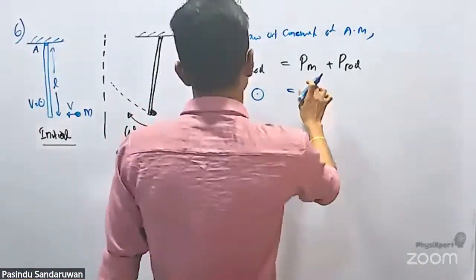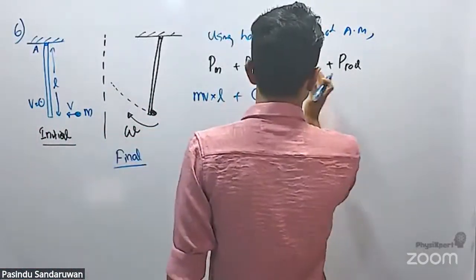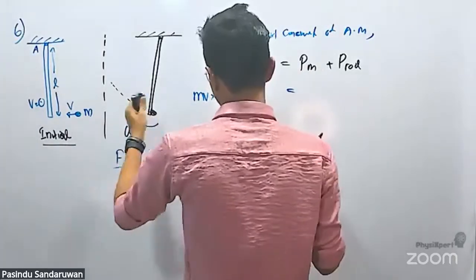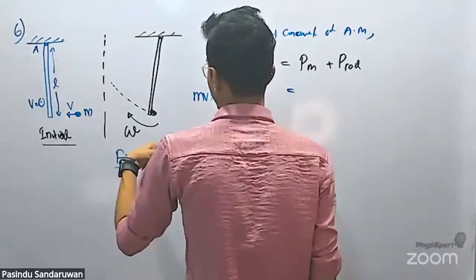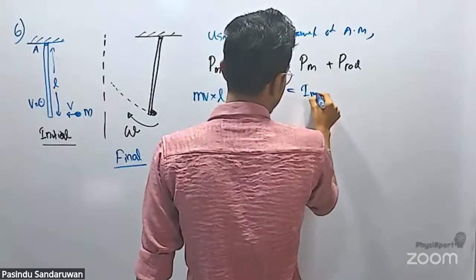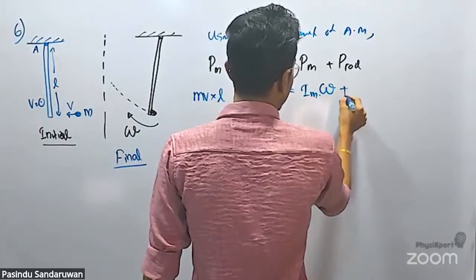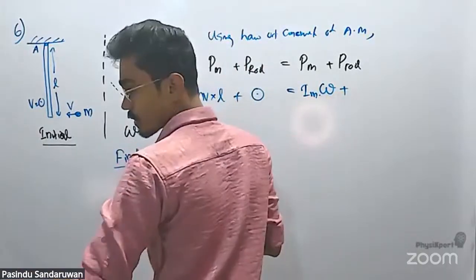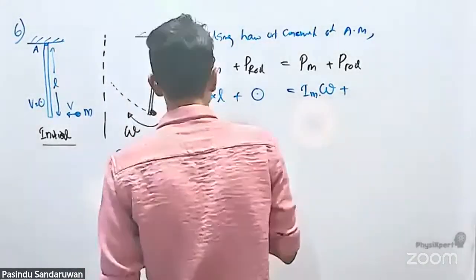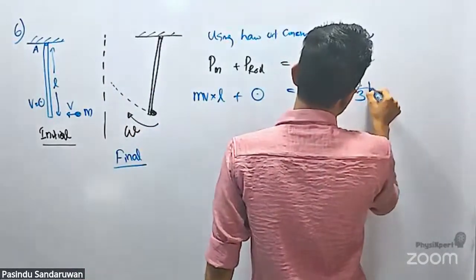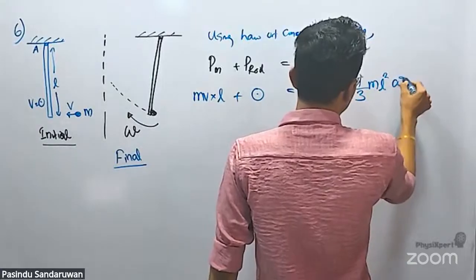Then angular momentum of m after the collision. After sticking, we can write it as I_m into omega plus I of rod, which is given, 1/3 ml squared omega.